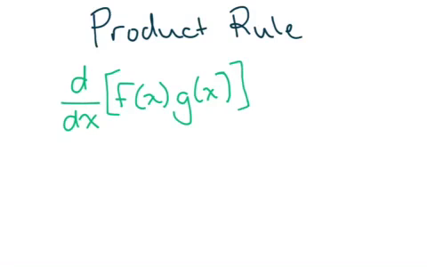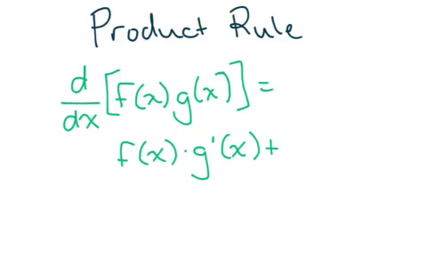And you'll recall that the product rule tells us that that is, we keep the first function, that is f of x, and we multiply by the derivative of the second, and then we add the second function times the derivative of the first.